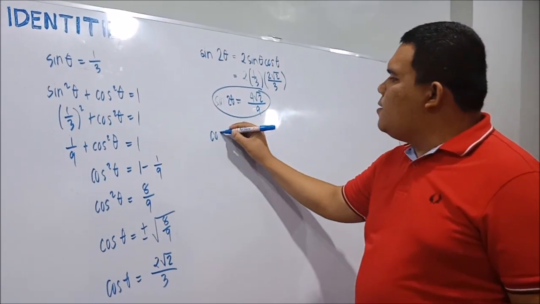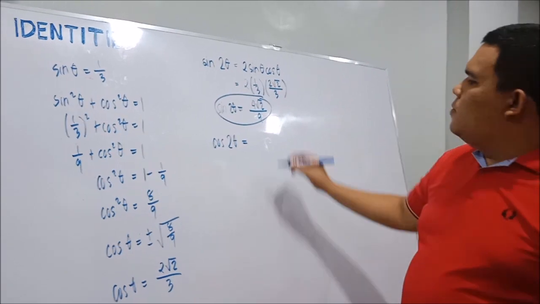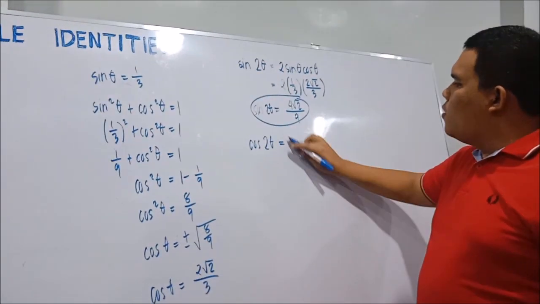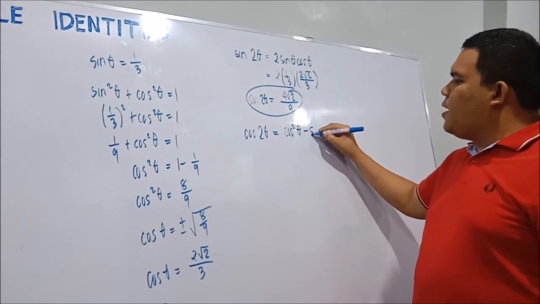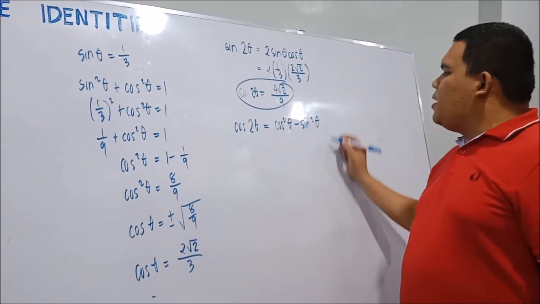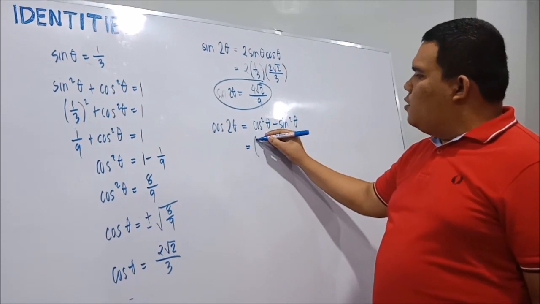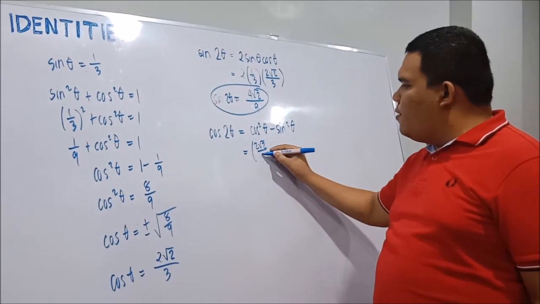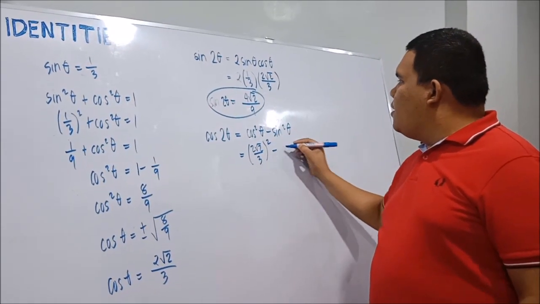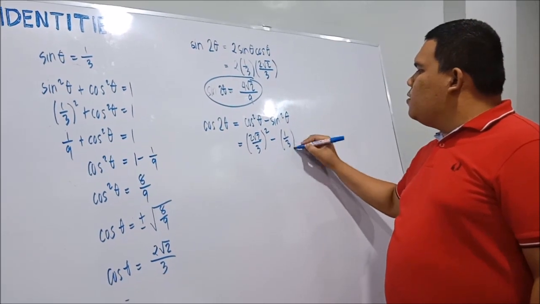For cosine 2 theta, cosine 2 theta is just cosine squared theta minus sine squared theta. Cosine squared theta, we have 2 square root of 2/3 squared, minus sine squared theta is just 1/3 squared.